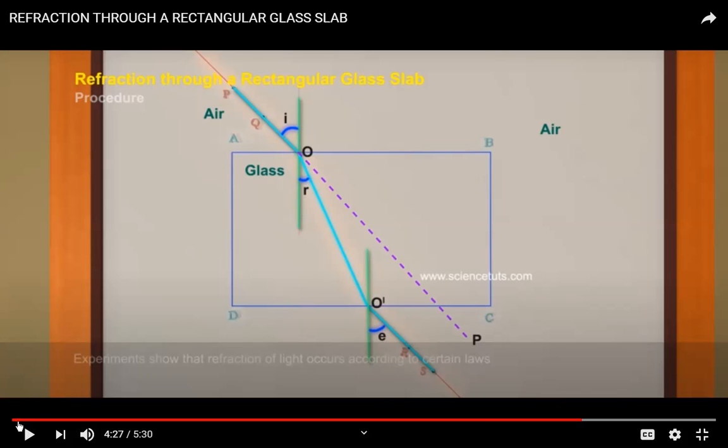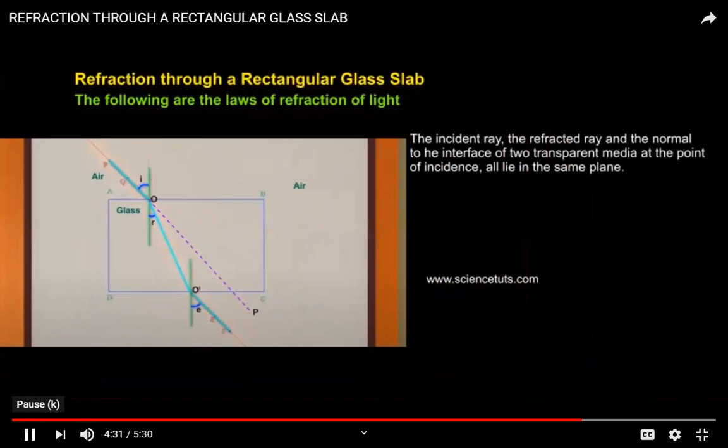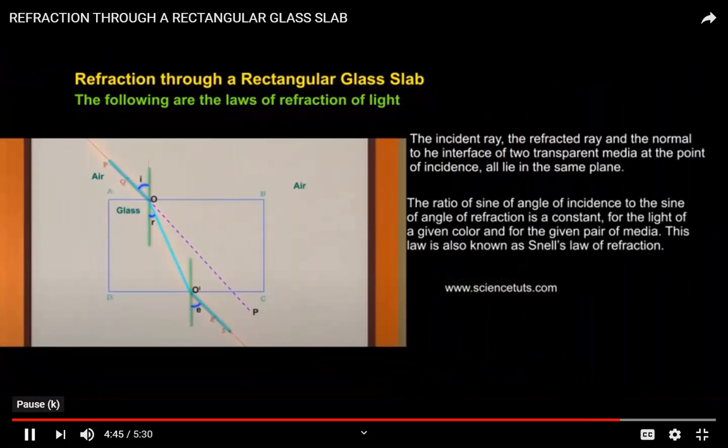Okay. Now we will continue so that you can understand. The following are the laws of refraction of light. 1. The incident ray, the refracted ray, and the normal to the interface of two transparent media at the point of incidence all lie in the same plane. 2. The ratio of sine of angle of incidence to the sine of angle of refraction is a constant for the light of a given color and for the given pair of media.